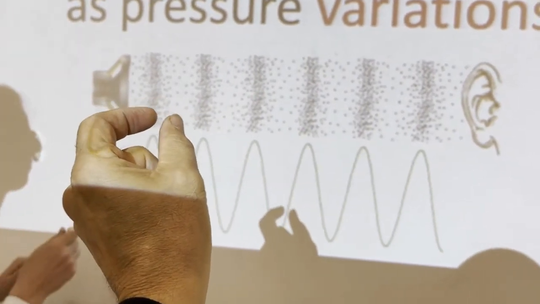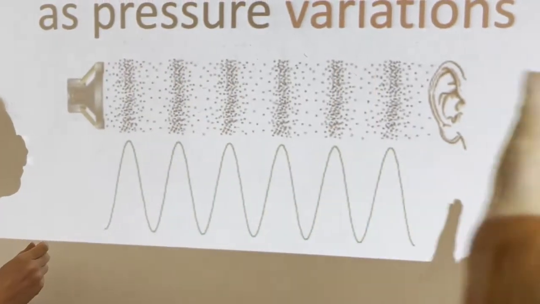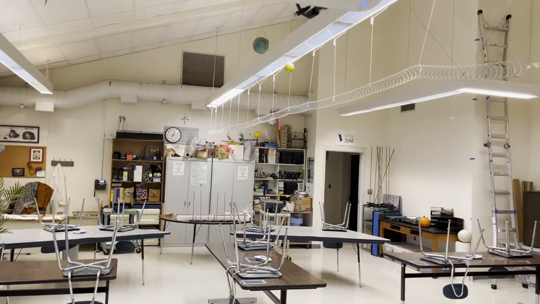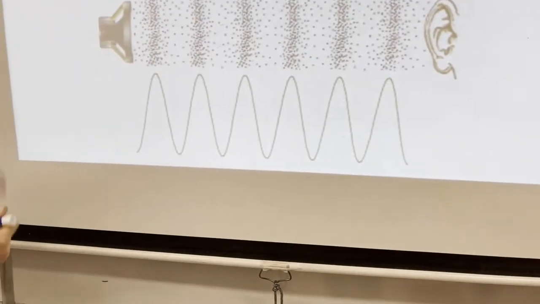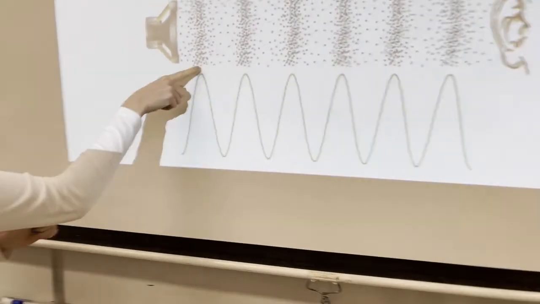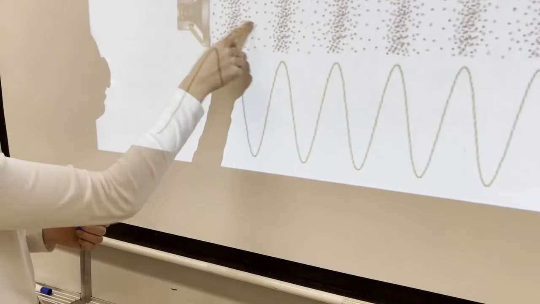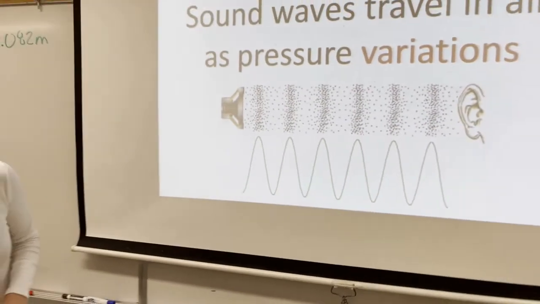Those squeezes and stretches propagate across the room, and the sound from the back came all the way to the front, and we heard it into our ear. And then we also have our sine wave, which represents the high and the low pressure. It's a way of visualizing it.